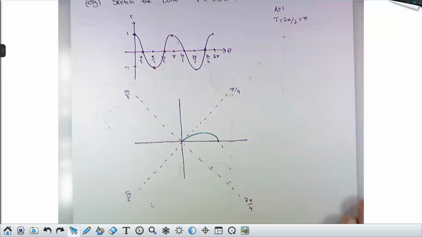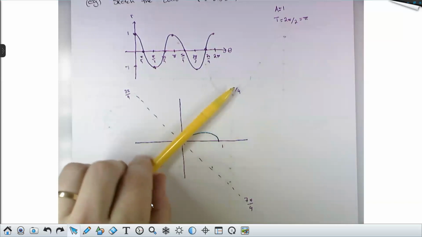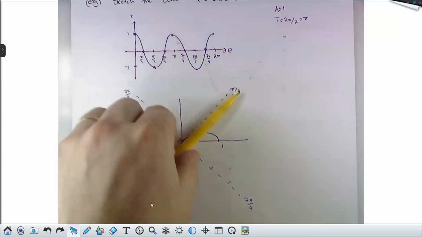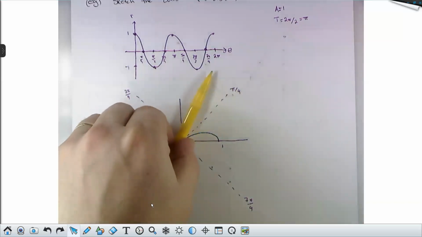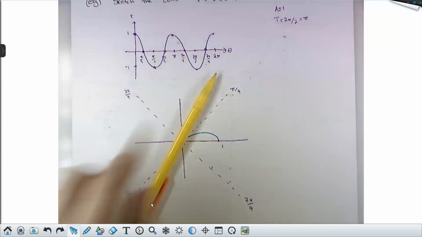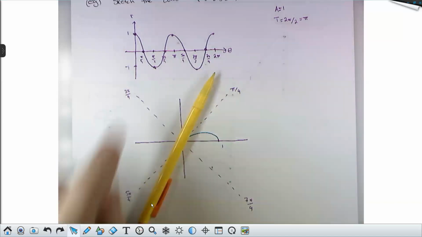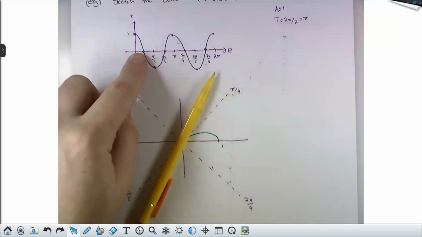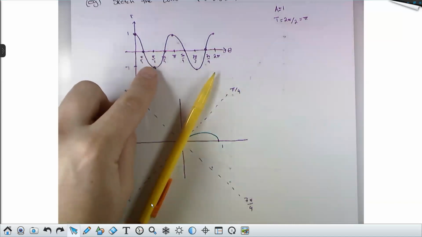Next, r is going to become negative. So as I rotate past pi over 4 towards pi over 2, normally I would be drawing up here, but r is negative. So that means I'm going to be drawing over here. This is like your negative polar axis. And what's happening? Well, r is going from 0 out to a max of -1.